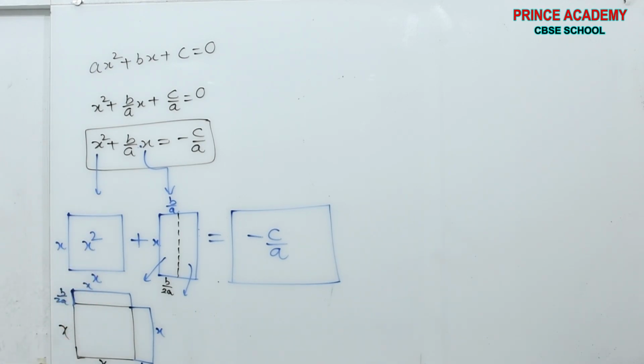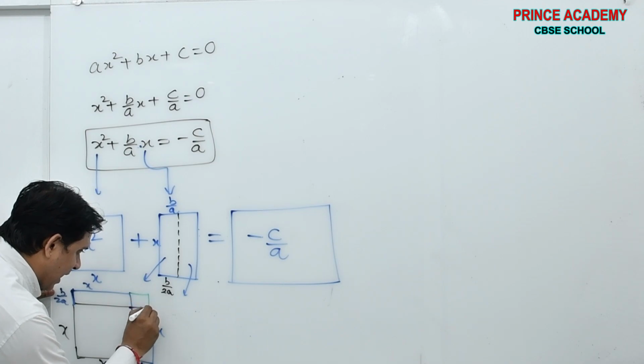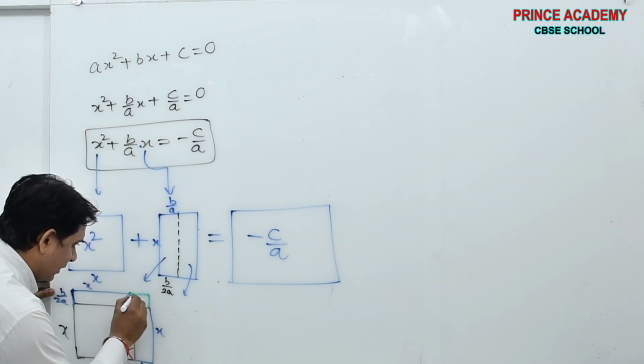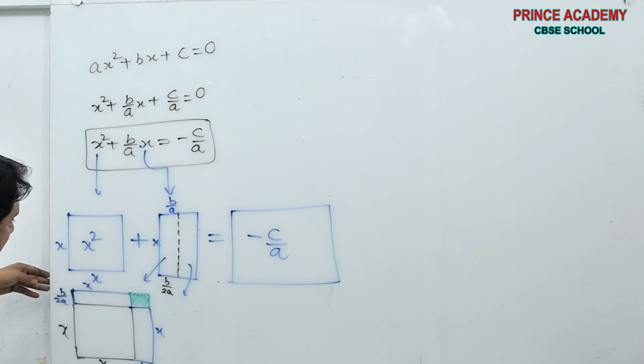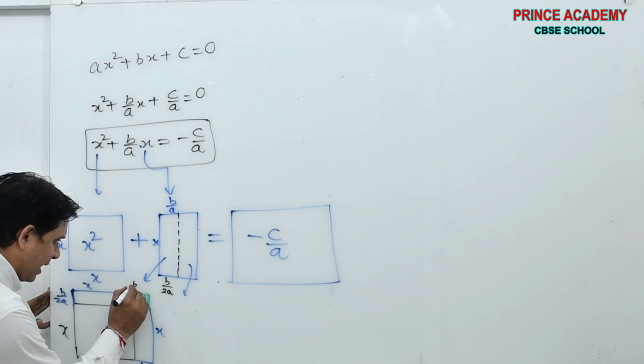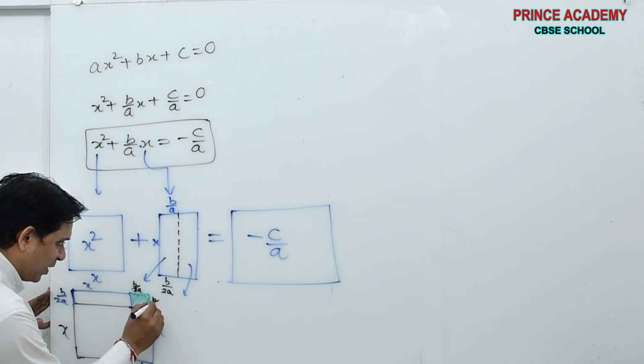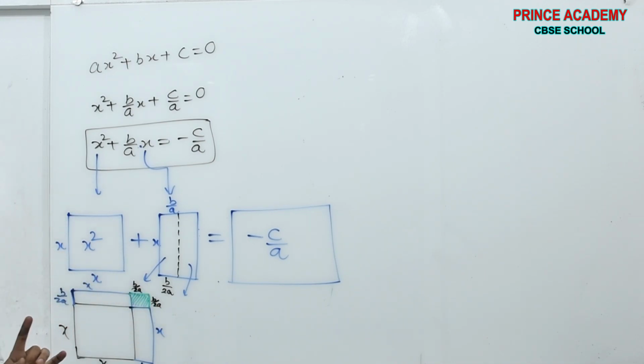What was the remaining portion? This is the remaining portion. See beta. And what is this remaining portion? b by 2a into b by 2a, yes or no? Done beta.